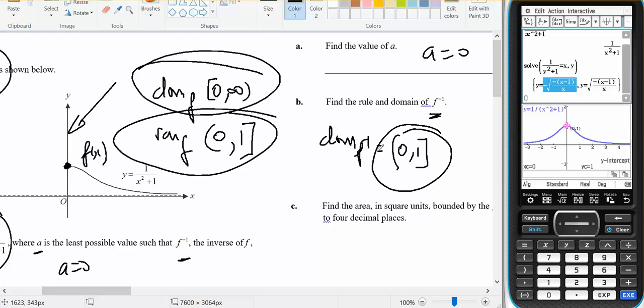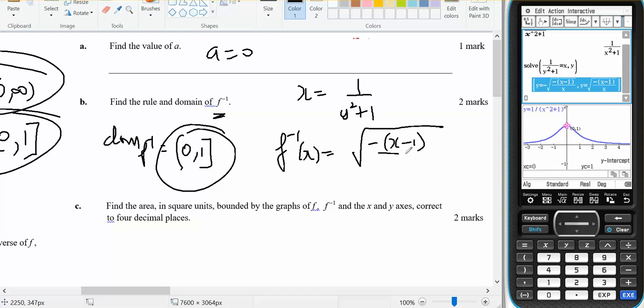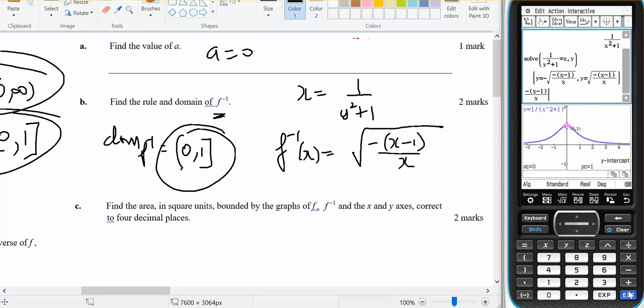So the range of the inverse will be the domain of the original, and that's got to be positive. So I want the positive square root. So f dash negative 1 of x will equal the square root of negative x minus 1 on x, or you can have any other variation of that as you like. You can simplify the answer and have it as 1 on x minus 1, doesn't matter.